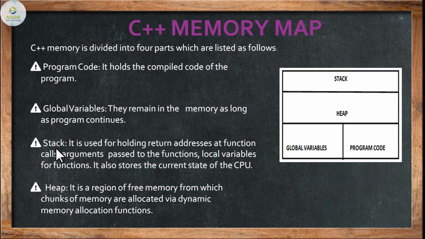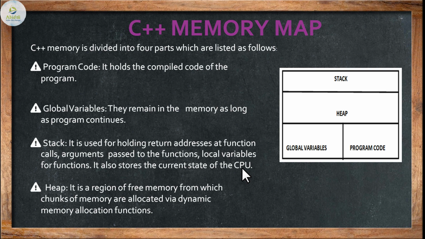The next is called the stack. Just as you have a stack of books, one after another in your shelf or rack, similarly, a stack is used for holding return addresses at function call statements, arguments passed to the function, and local variables for the functions, and it also stores the current state of the CPU.